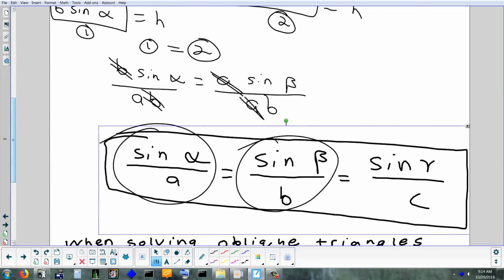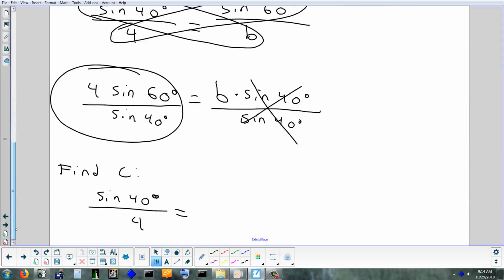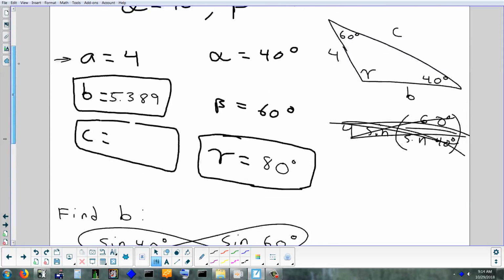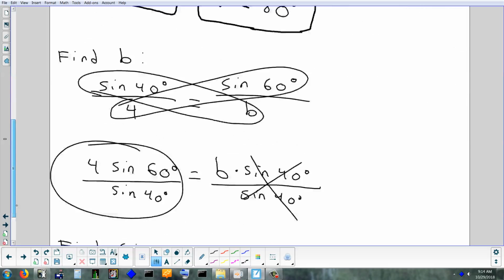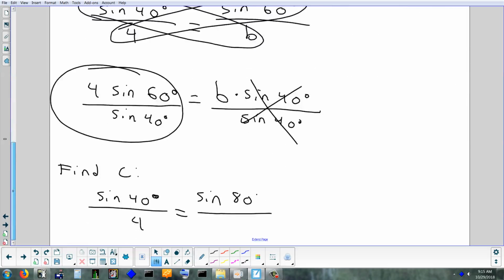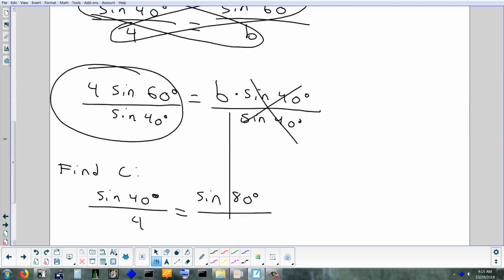We're going to use the end part, sine of gamma over C. So anyone think they can tell me what I'm going to fill in on the top? Sine of 80. I know we calculated it, and I kind of warned you about doing that, but you've got to use it. There's no way around it. So sine of 80 over, what goes in the bottom? C.